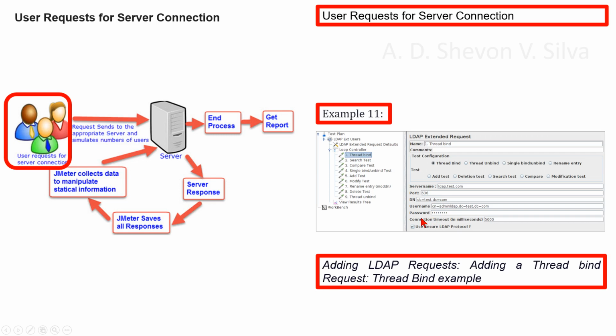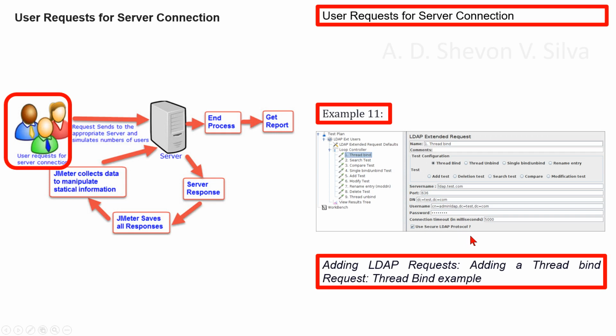Step 8 optional, enter the value for the connection timeout LDAP. Number 9 optional, check the box to use the secure LDAP protocol, if you access with LDAP over SSL, LDAPS.